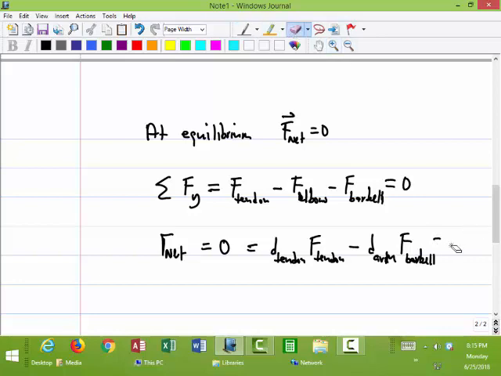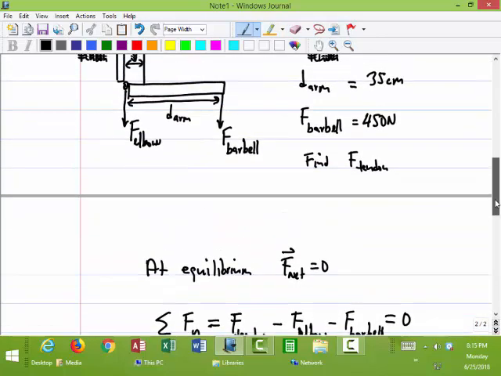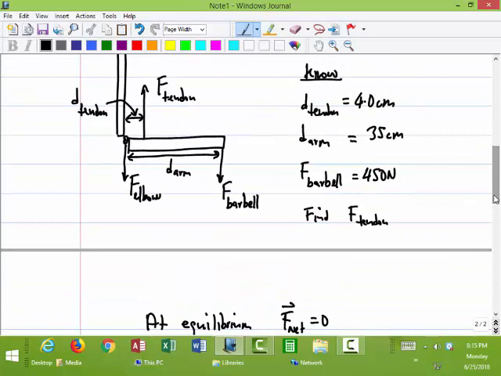We've already established that. If you look at it, at the point where the arm is connected to the elbow, since that is the hinge location, there is no distance between the force and the hinge, and therefore the torque there is 0.